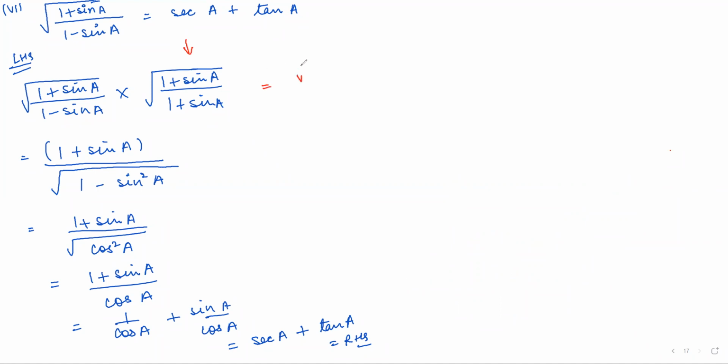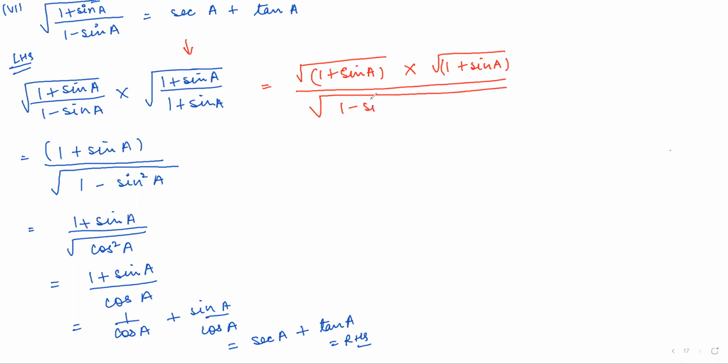So this actually becomes under root 1 plus sine A multiplied by under root 1 plus sine A, the same number, right? Same bracket, 1 plus sine A, 1 plus sine A. And in the numerator, you take the whole square root. So you have 1 minus sine A into 1 plus sine A, right? Is this clear?